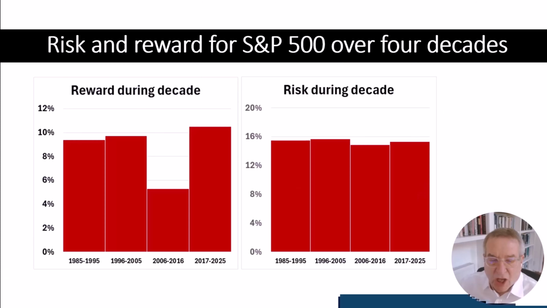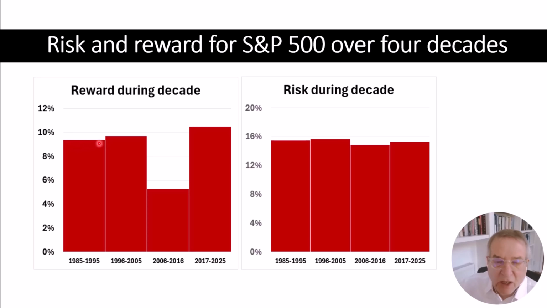What we can see on this slide relates to the Standard & Poor's 500 index, the US benchmark equity index, and I've looked at 4 decades, starting over here, 1985 to 95, 96 through 05, and so on. And what I did was, in this side of the table, I've said, what was the average annualized reward or gain, the P&L essentially, for having an investment in the index?